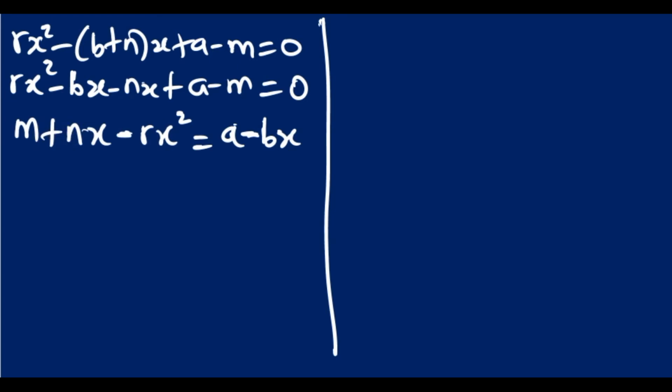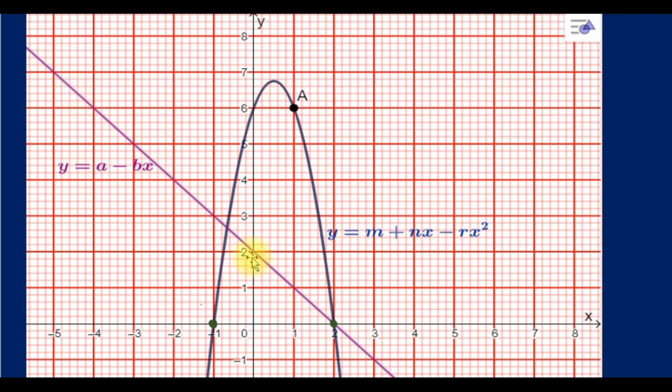So let's go over to the graph. You see that the line is y equal to a minus bx, while the curve is y equal to m plus nx minus rx squared.